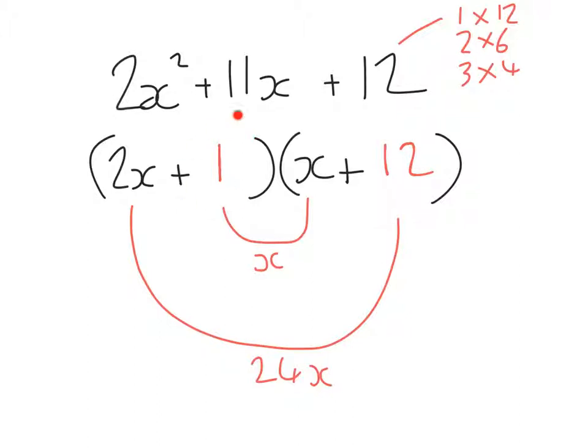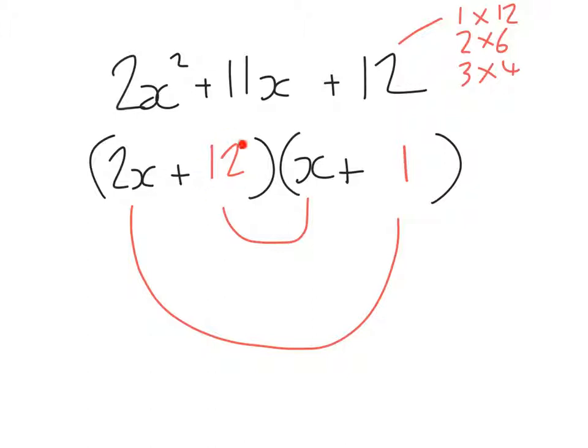So I have 1 in the first bracket and 12 in the second bracket. 1 multiplied by x just gives me x, and 2x multiplied by 12 gives me 24x. x plus 24x does not give me 11x, so that's not going to do. So now I'm going to try swapping the 1 and the 12 because 1 and 12 might still be a factor.